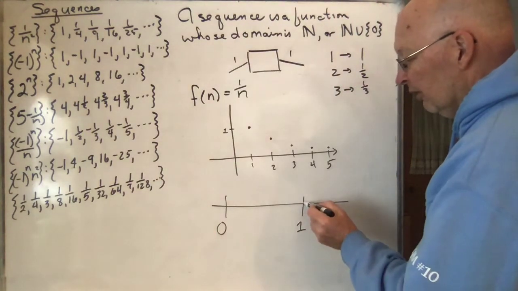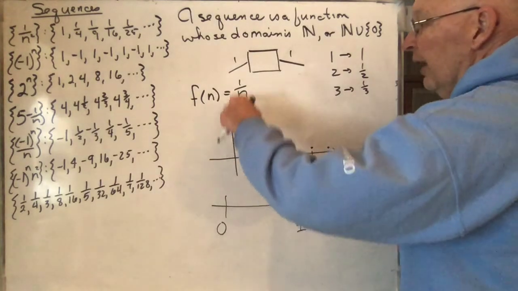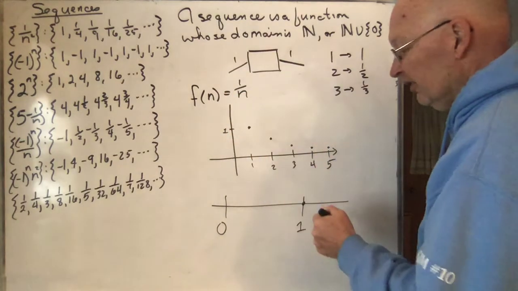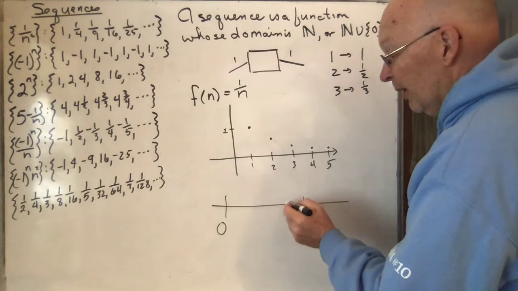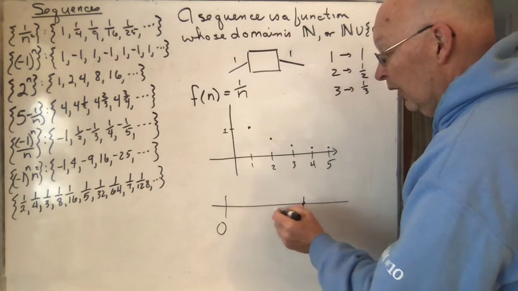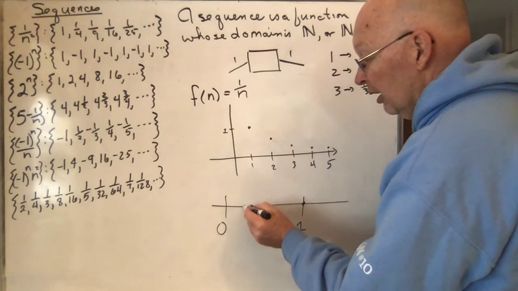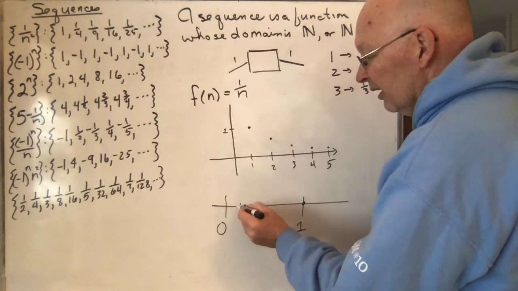And so here are the values that come out of the sequence. Here, the values that came out were the values along the y-axis. Here I'm just going to put them along the x-axis. So the values that come out are going to be 1, 1/2, 1/3, 1/4, or you might use ticks rather than dots like this.